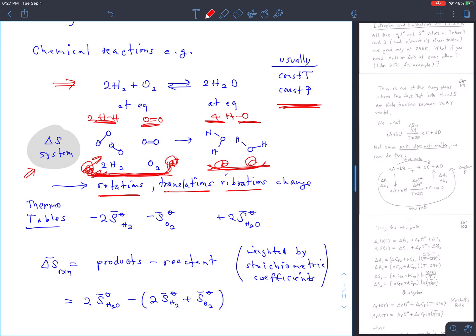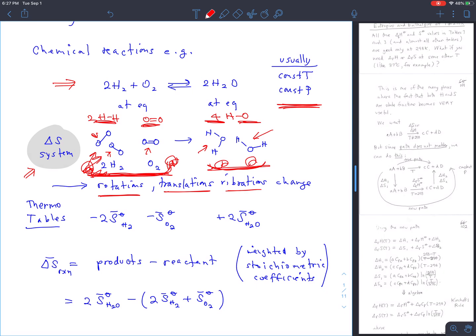There's also vibrations. They don't contribute very much to the entropy, but they are there and they do change. There are 3 total vibrators on this side, right, there's a vibrator for each of these 2 molecules plus a vibrator for the oxygen. And it isn't obvious, but there are 3 vibrators for this molecule and also 3 vibrators for that molecule.